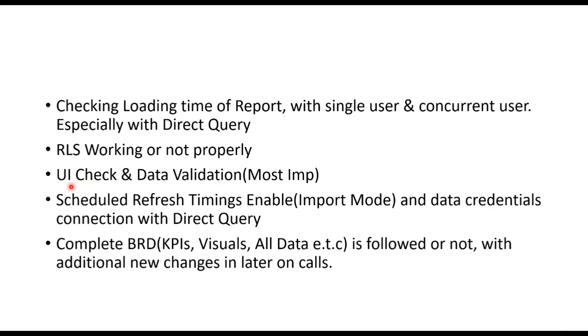Check the data type of the date column, whether it's updating, and the filters. There are many things in a UI check. That is the work of the Power BI developer and also the QA tester, so you have to check that also.